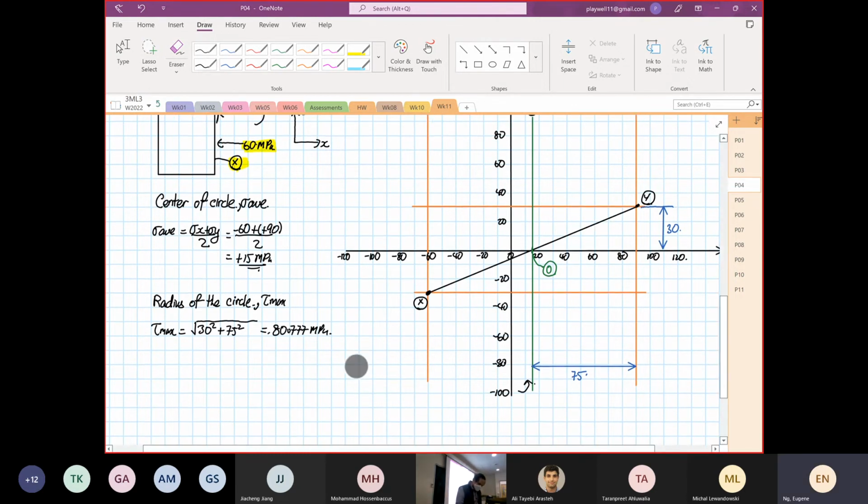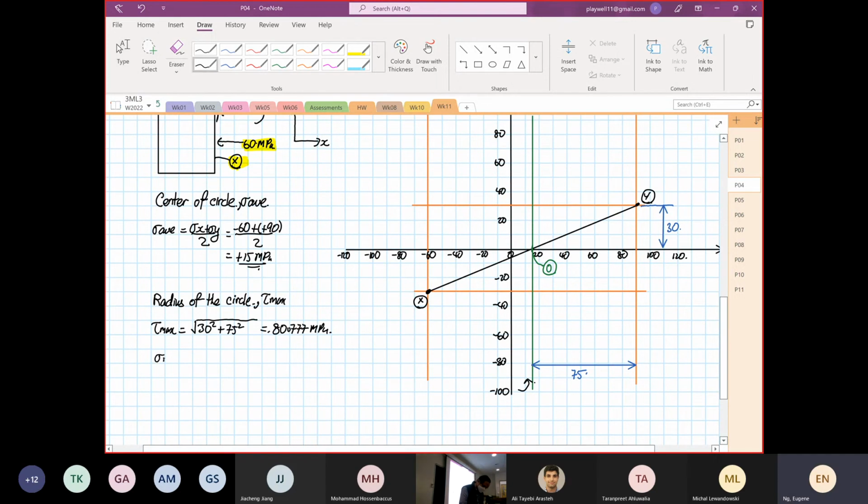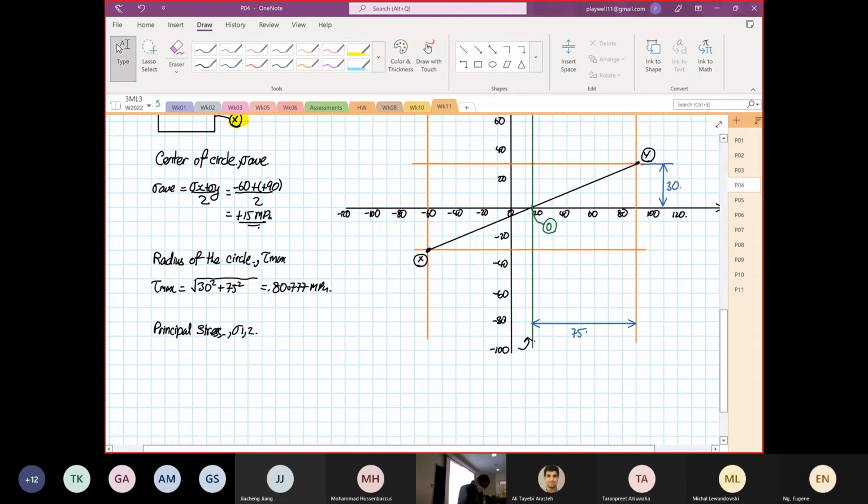Then from here, I can determine our stress 1 and 2, or we can determine our principal stress. So stress 1 and 2 is equal to stress average plus or minus tau max.